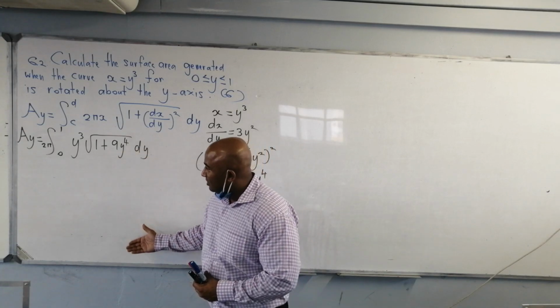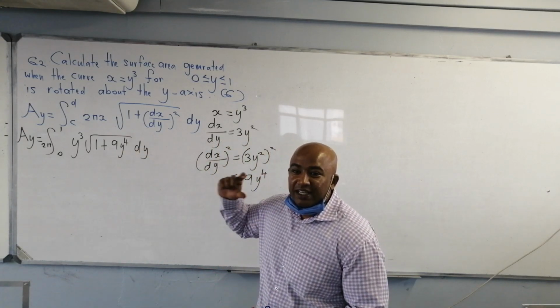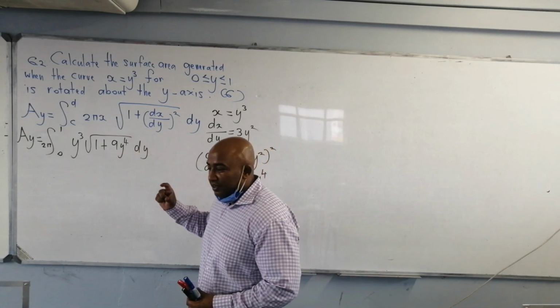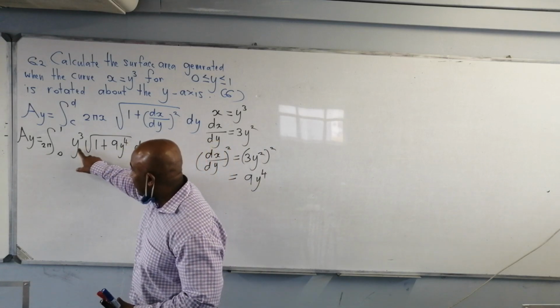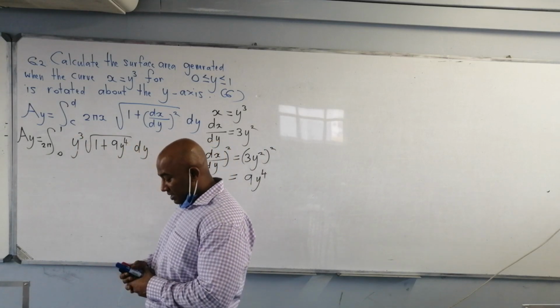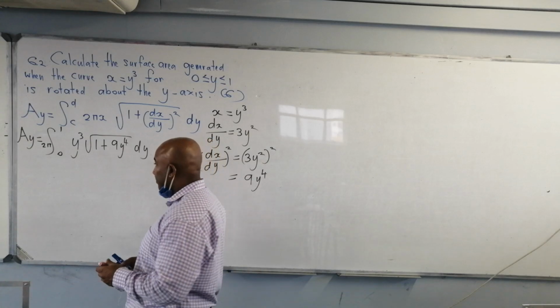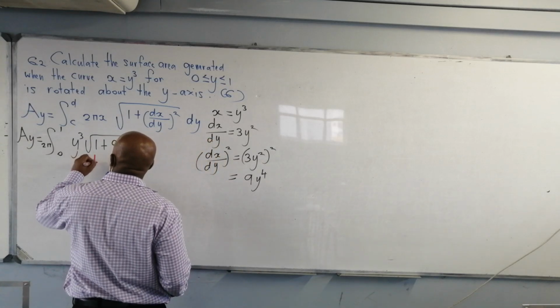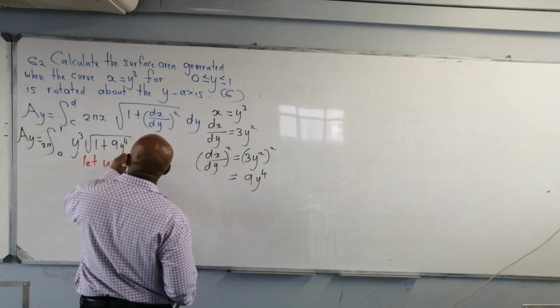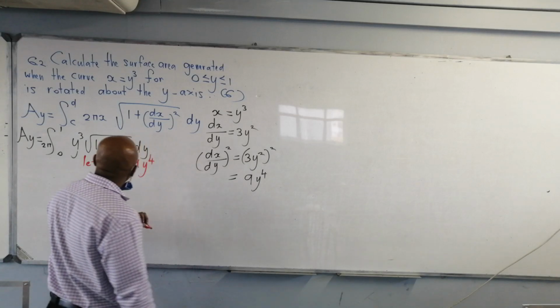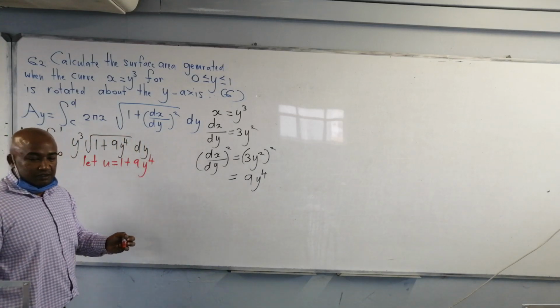Because from here now, you should recognize that this is exact derivatives. Can you see it? If this is y to the power 4, y to the power 3, that means exact derivative. If you want to, you can let u equal 1 plus 9y to the power 4. This is u substitution.